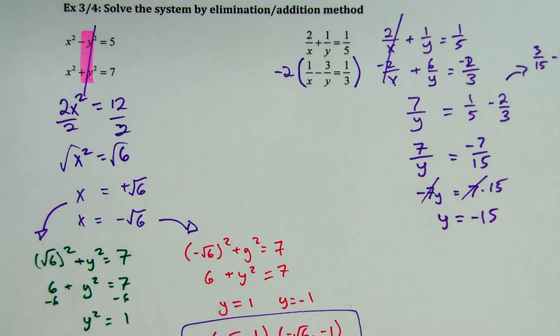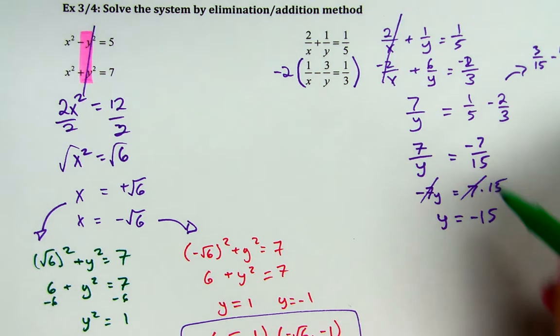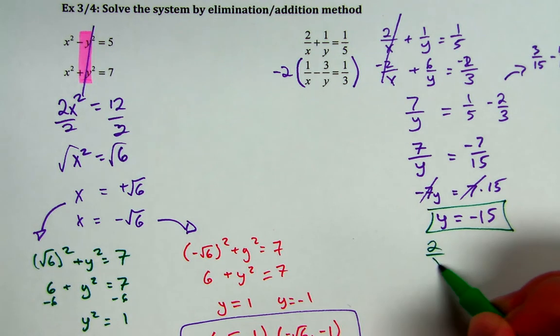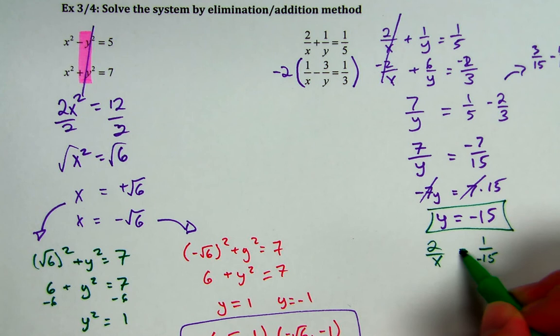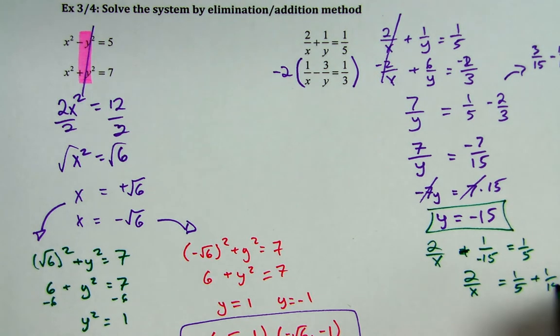Now you've got to go ahead and solve for x. So let's take the first equation. We're going to put y equals negative 15 into that equation. So 2 over x plus 1 over negative 15 equals 1/5. Well, 2 over x equals 1/5 plus 1/15. Making like terms here, I've got to multiply by 3, that's going to be 3/15.